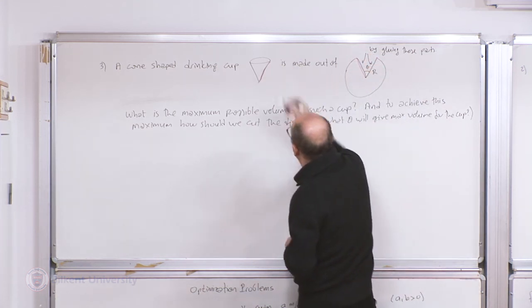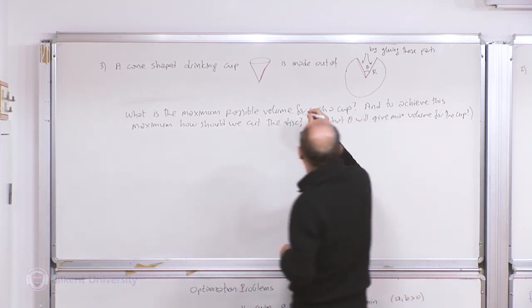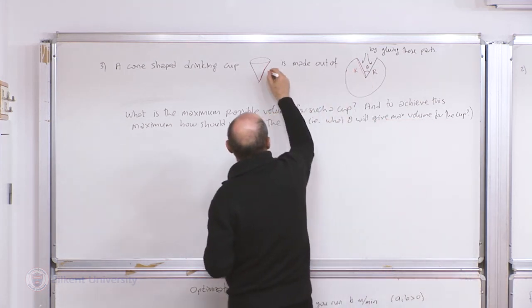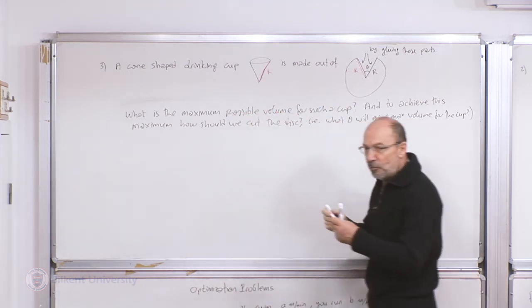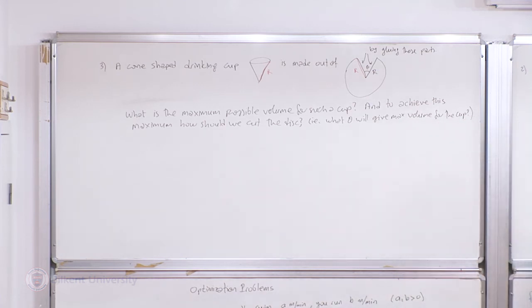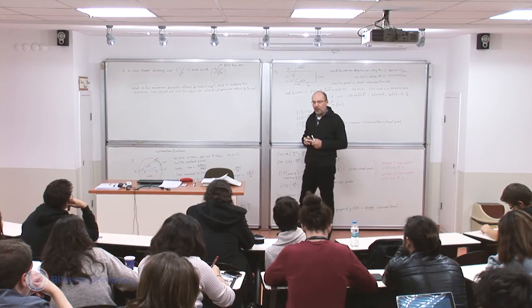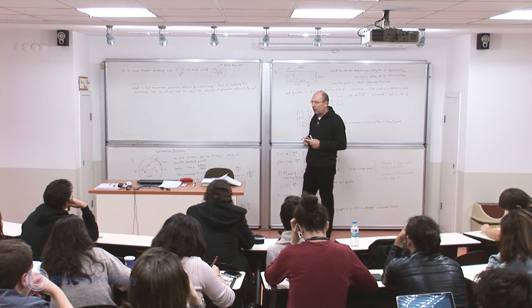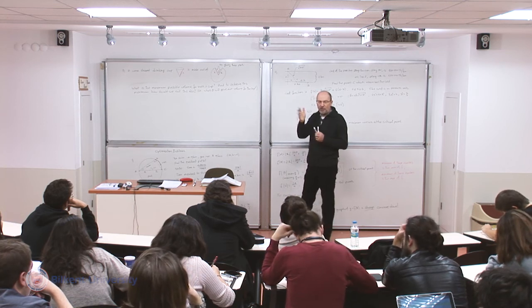So this side is R, this is R, this is again R. So that's our observation. The volume of the cone depends on its height and its radius. So its radius and its height are the legs of a right triangle whose hypotenuse is big R. So they are related.